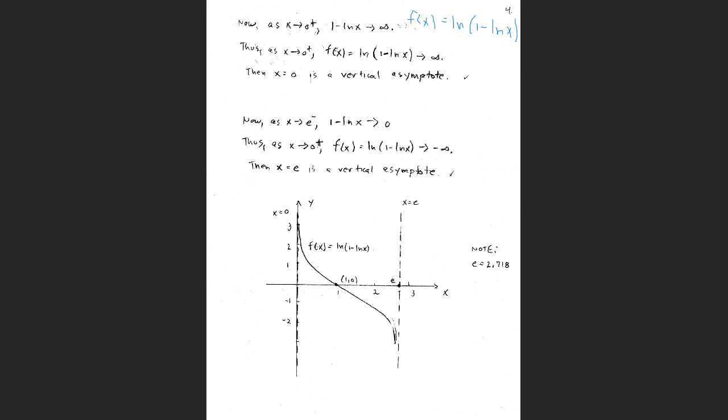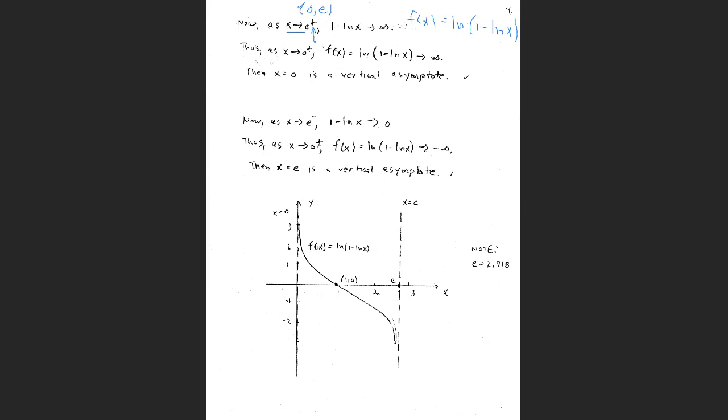So as x approaches 0 from the right, and this would make sense because the domain of this function is from 0 to e, so we have to approach 0 from the right, as that little plus sign means there. As x approaches 0 from the right, 1 minus the log of x would approach infinity.